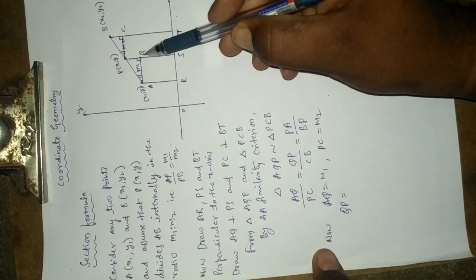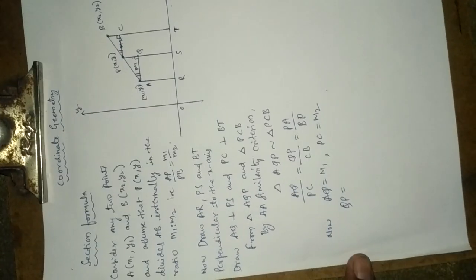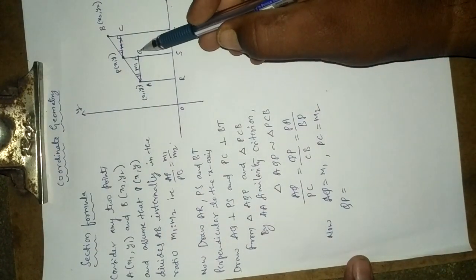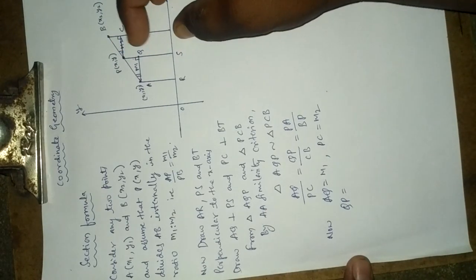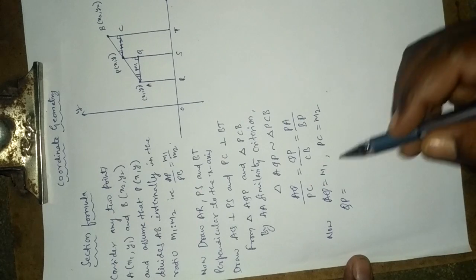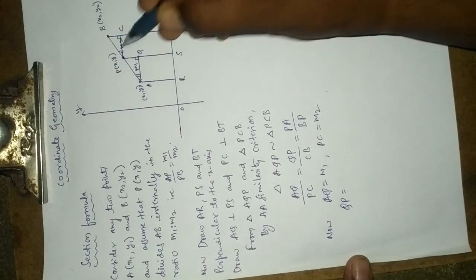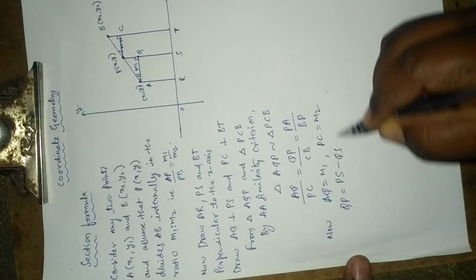Here Q to P. To find the distance of QP, in this total length, we have to subtract QS. So how to write? To find out Q to P, we have to write PS minus QS.